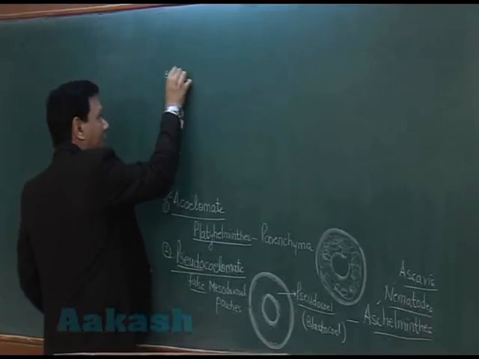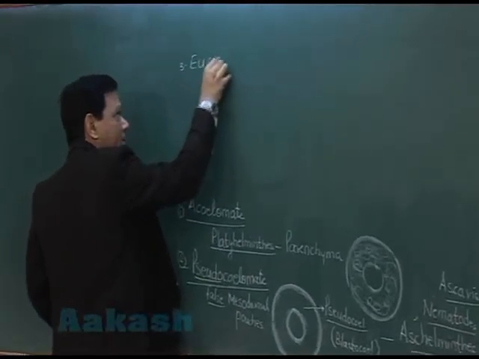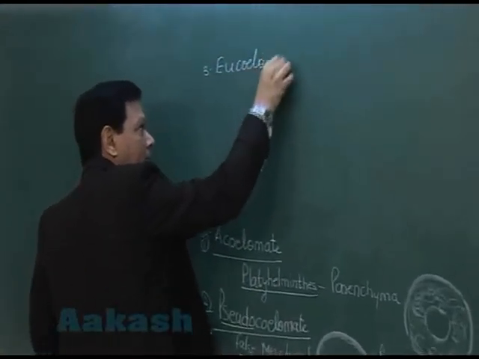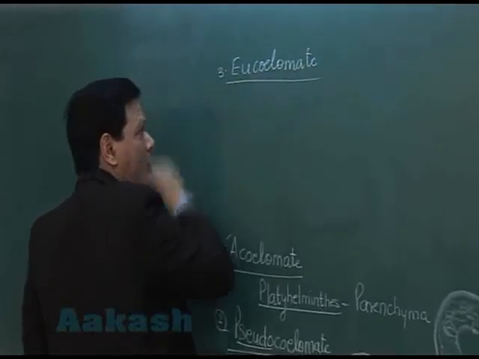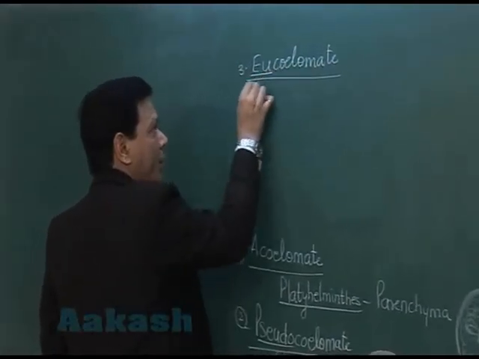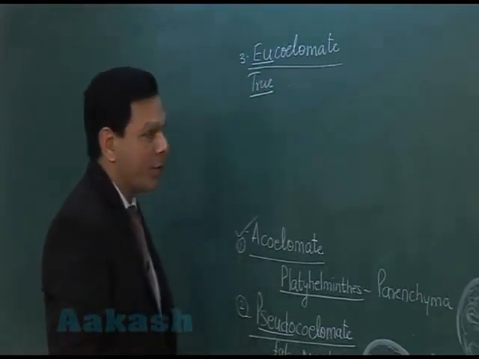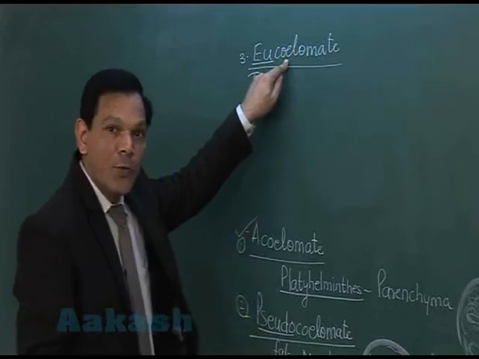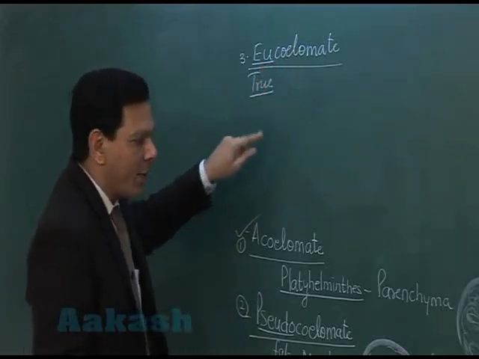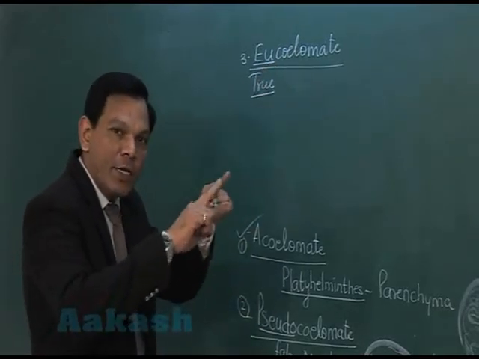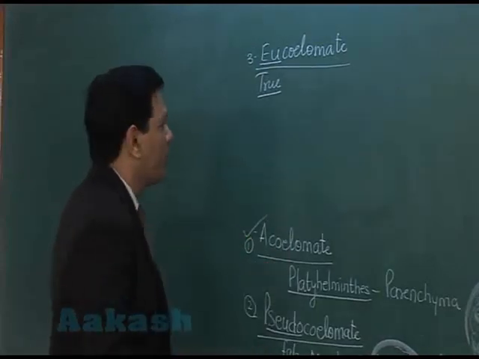The third category is eucoelomate. Here eu means true coelomate. Those having the true coelom, that is, the cavity completely lined with the mesoderm.